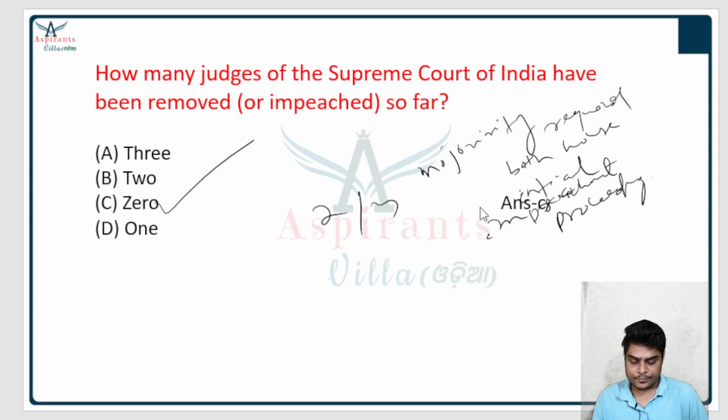The first against whom impeachment proceedings were initiated was V. Ramaswami. The proceeding may begin in either of the two houses of the Parliament.